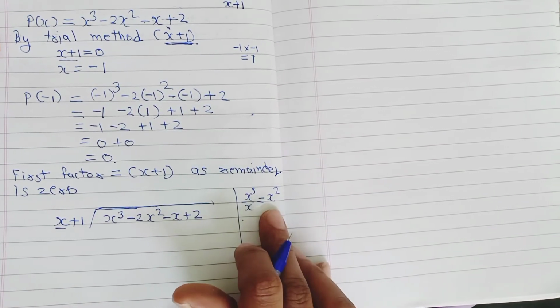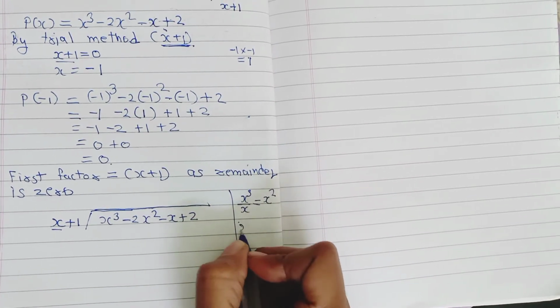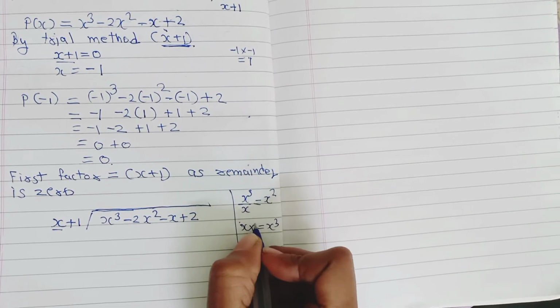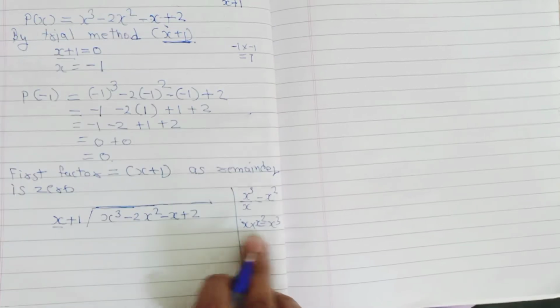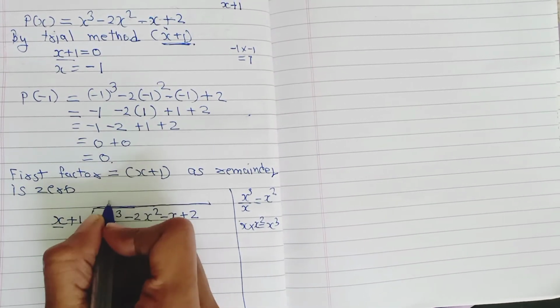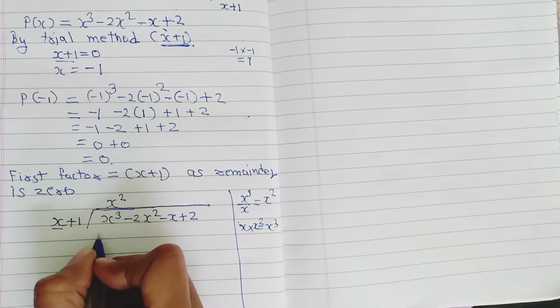Otherwise think: with x, with which number should you multiply to get x cube? You know that with x square you will get x cube. Either way you can think and write. So x multiplied by x square will give me x cube.